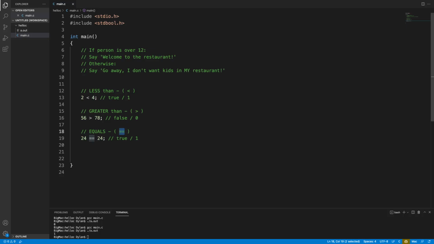But the problem is, it makes the code really weird if you're trying to work out whether you're assigning or comparing. And it's also just harder for the compiler to do it.